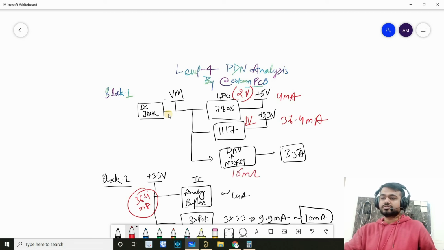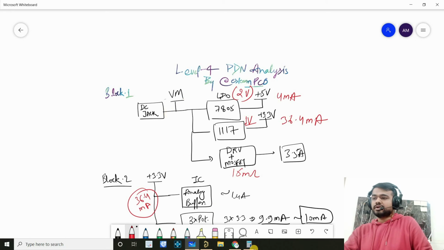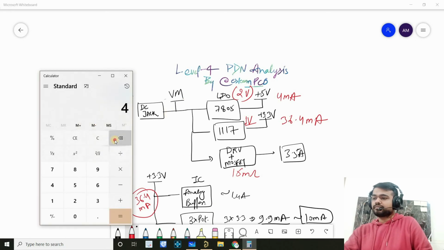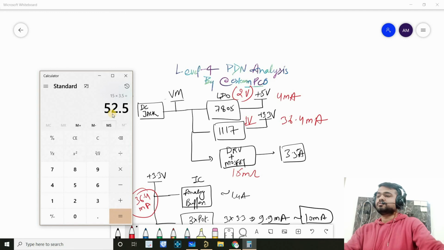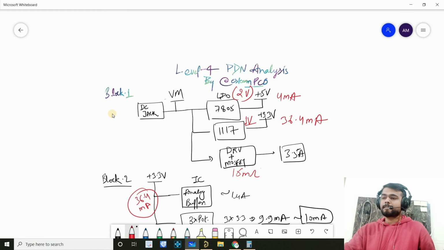Now the voltage drop across this will be, let's open the calculator. So it is 15 multiplied by 3.5, which is 52. So the voltage drop will be 0.52 volt, and here the voltage drop will be 1 volt.